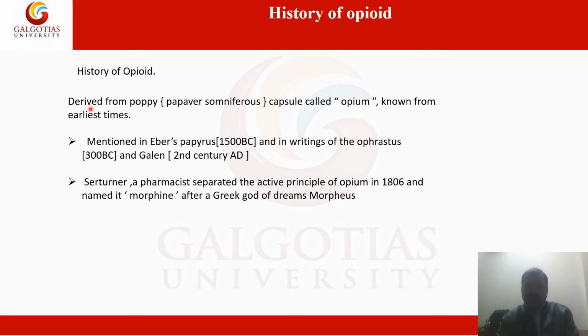History of the opioids: derived from the poppy, Papaver somniferum, capsules called opium, known from the earliest times, mentioned in the Ebers Papyrus, 1500 BC, and in the writings of Rhazes, 300 BC, and Galen, 2nd century AD. Sertürner, a pharmacist, separated the active principle of opium in 1806 and named it morphine after the Greek god of dreams, Morpheus.